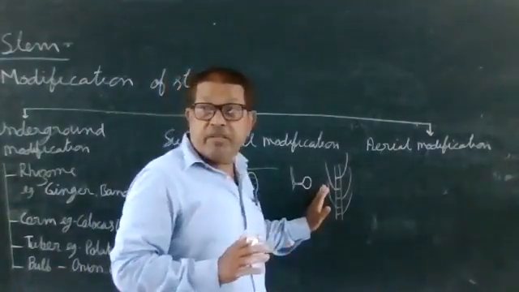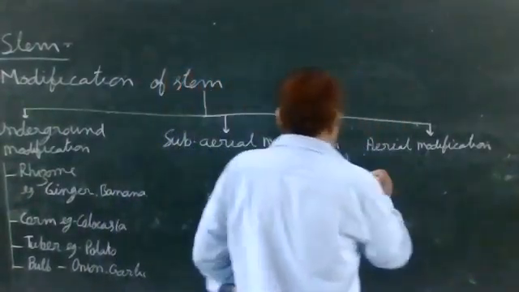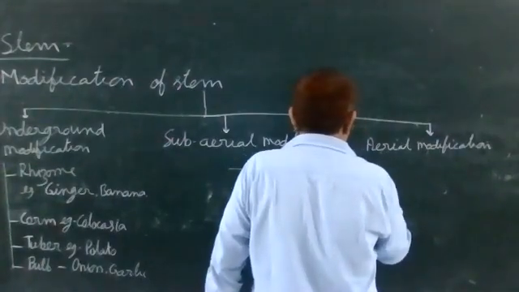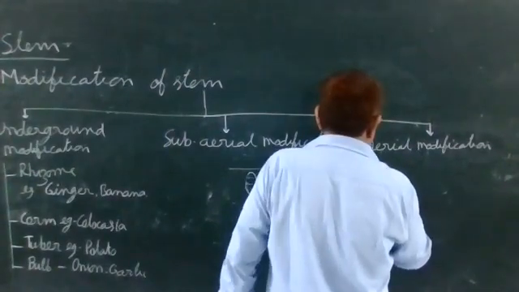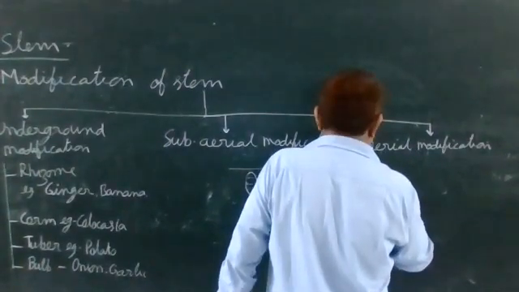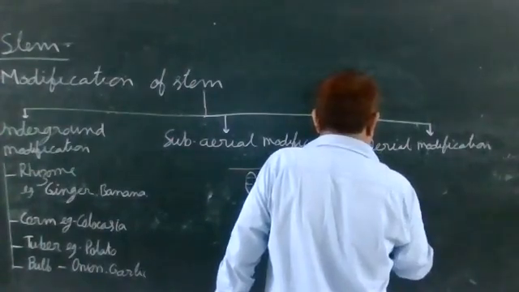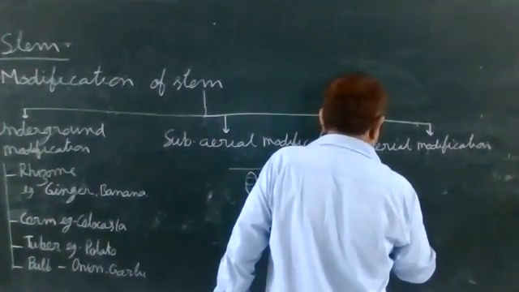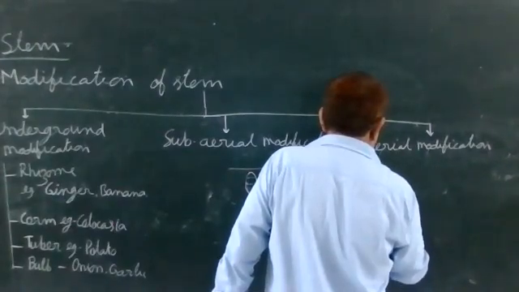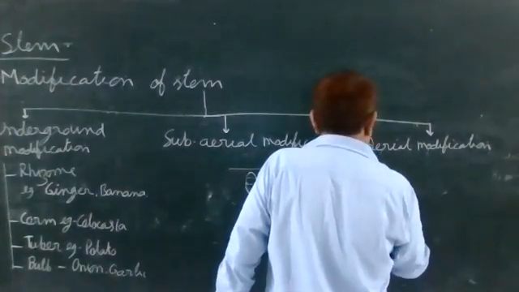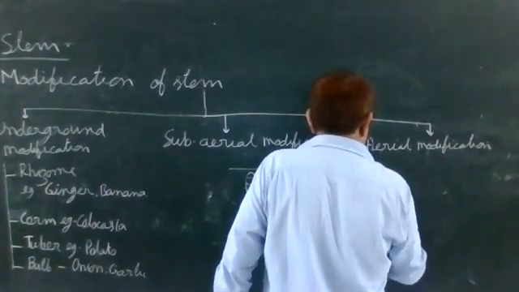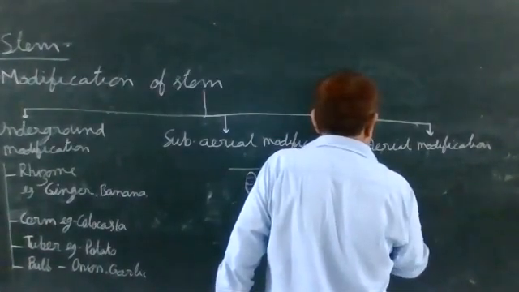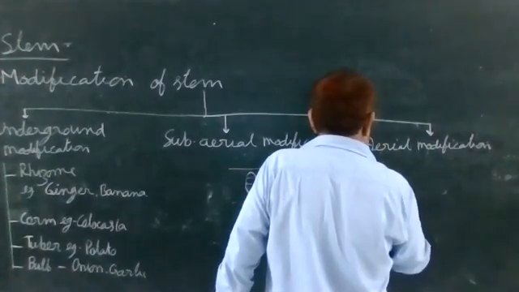Here, the stem is there, and internodes are reduced. 1, 2, 3, 4, 5 internodes are there.